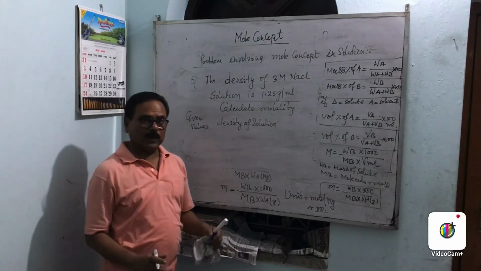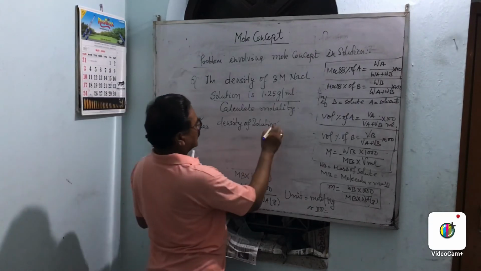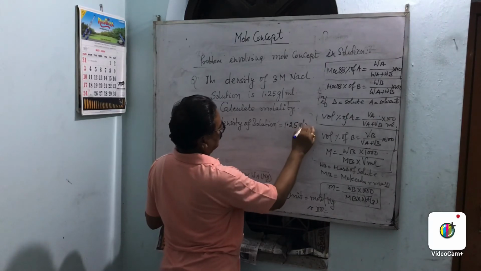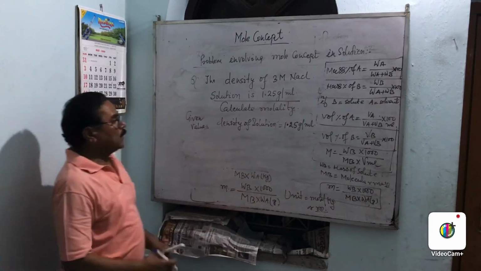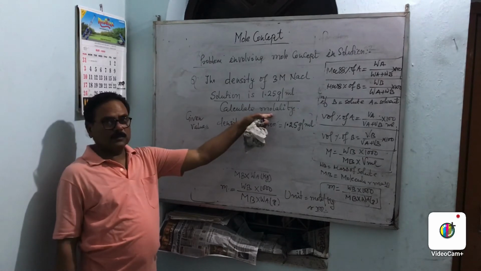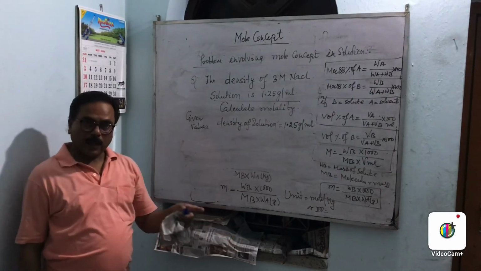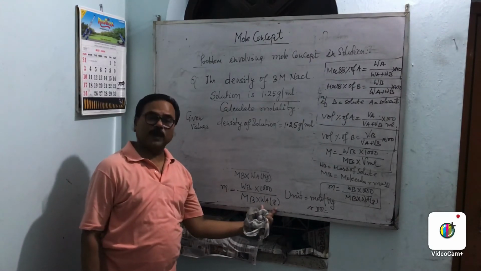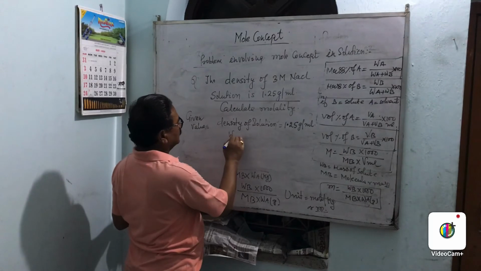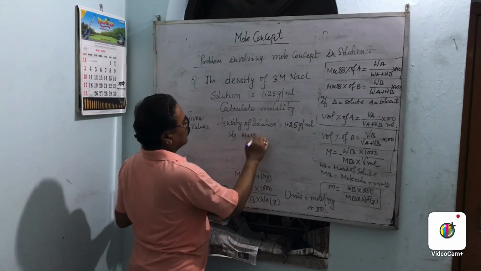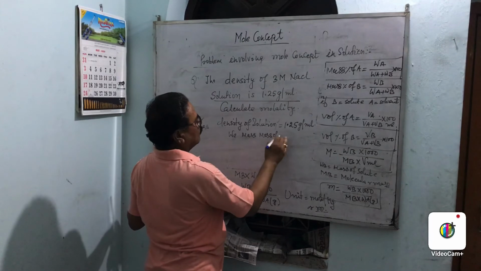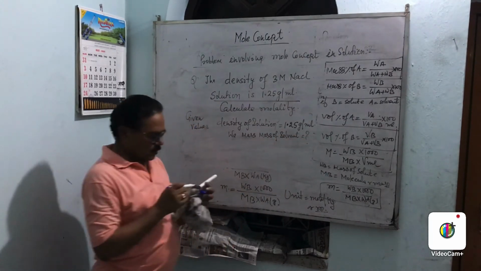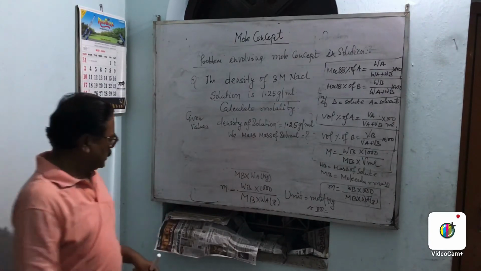First you need the ability to write the data. That is, density of solution is 1.25 gram per milliliter. And to find out the molality, we need the mass of solvent.